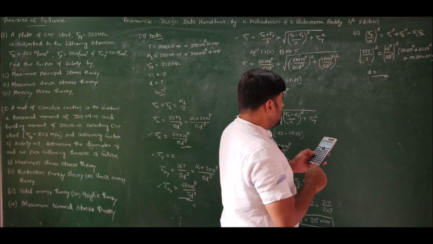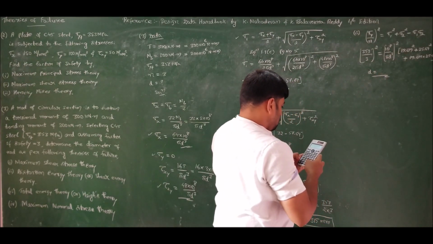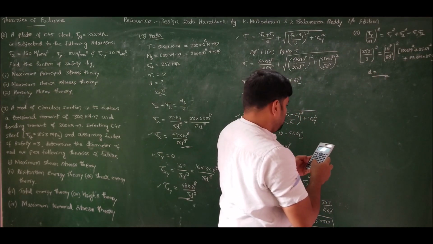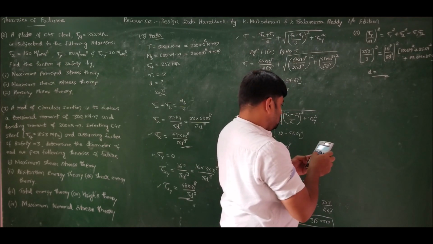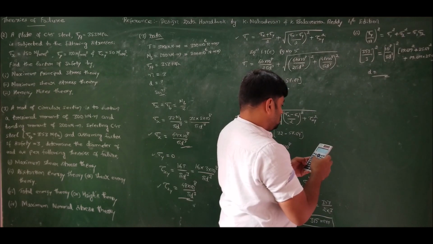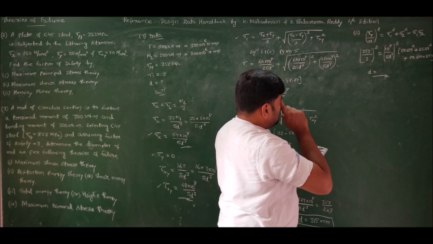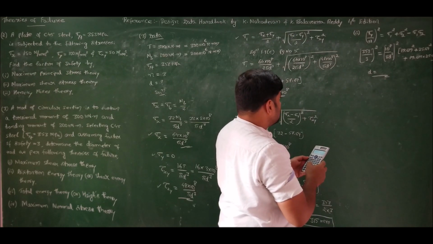Ten to the power of 8 square into 3, this must be divided by 353 square into pi square.